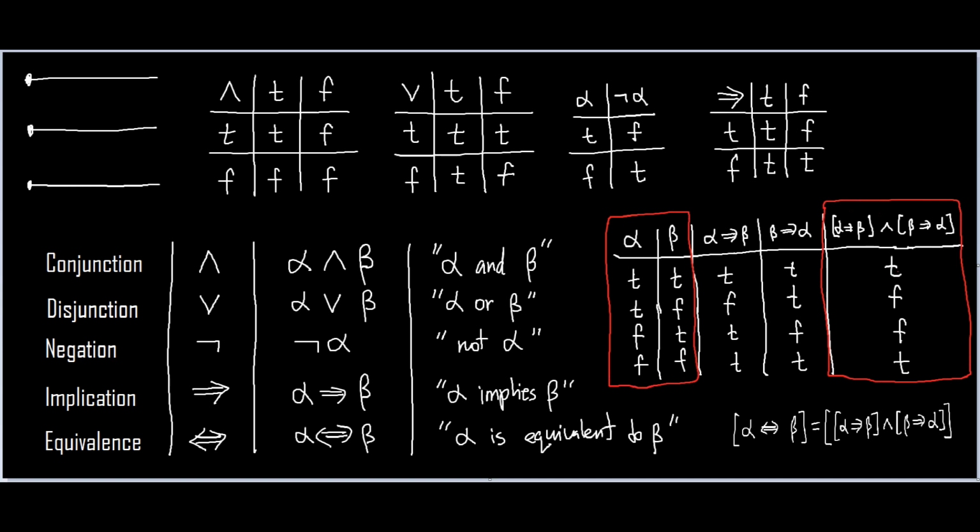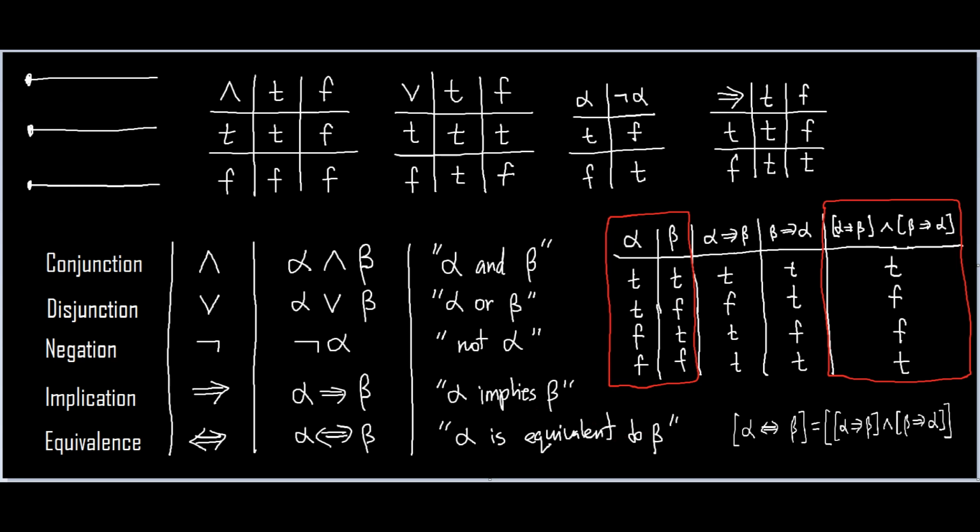And you see that the only times that the equivalence is true is when alpha and beta are both true, and also when alpha and beta are both false. And that makes sense because equivalence means that they should be logically equivalent. That means that they should have the same truth values, right? So you can't have alpha equivalent to beta when alpha is true and beta is false. That doesn't make sense.